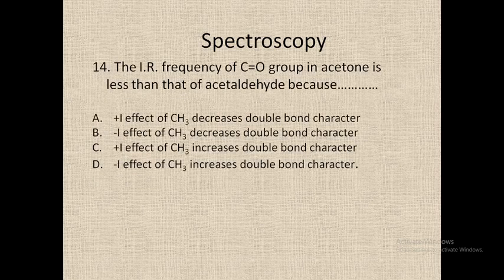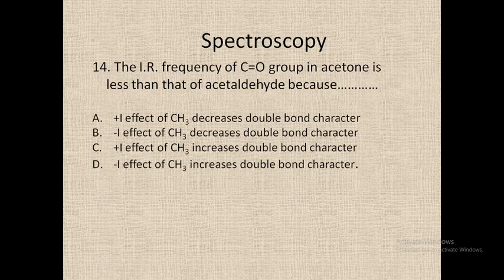Okay. Question number 14. The IR frequency of the carbonyl group in acetone is less than that of acetaldehyde because option A, plus I effect of methyl decreases the double bond character, B, minus I effect of methyl decreases double bond character, C, plus I effect of methyl increases double bond character, or D, minus I effect of methyl increases double bond character.